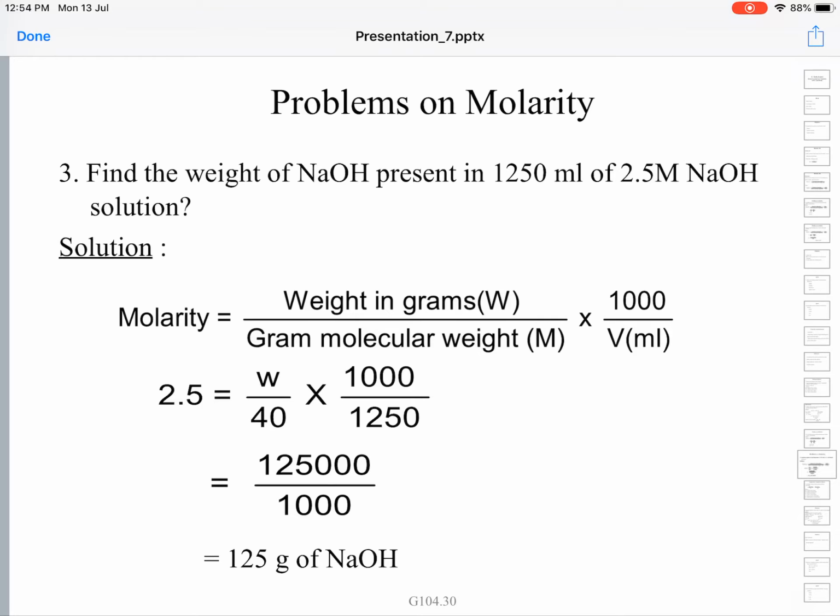So, 2.5 is equal to weight of NaOH divided by 40, into 1000 by 1250. So, it comes to 125,000 divided by 1000, which is 125 grams. So, the weight of NaOH present in 1250 ml of 2.5 M NaOH solution is 125 grams.